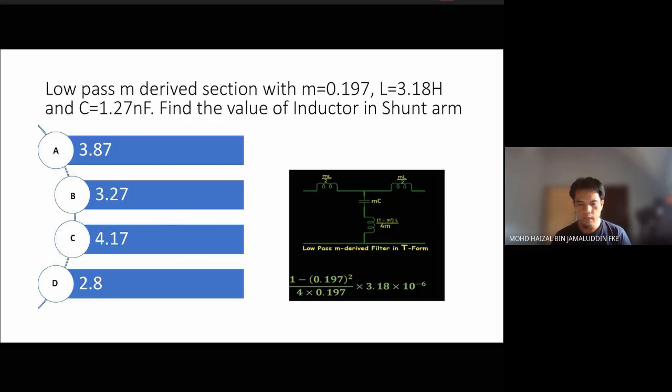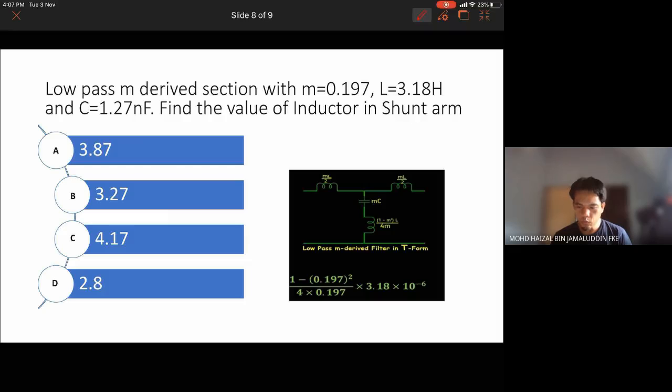So you need to draw back the low pass filter m-Derived section. You have the inductor value in both arms, and in the middle here, the question asks to find the value of the shunt arm.